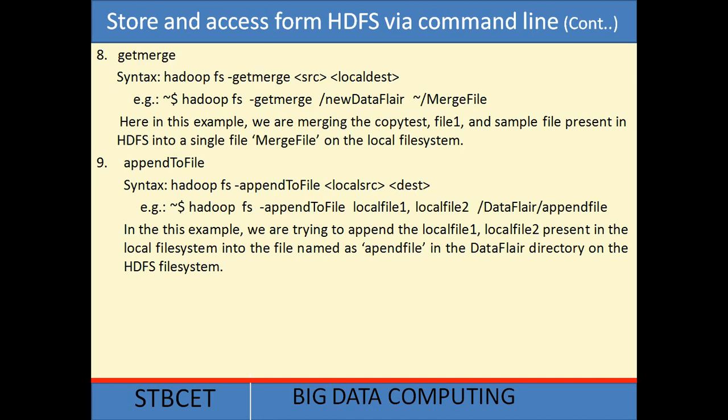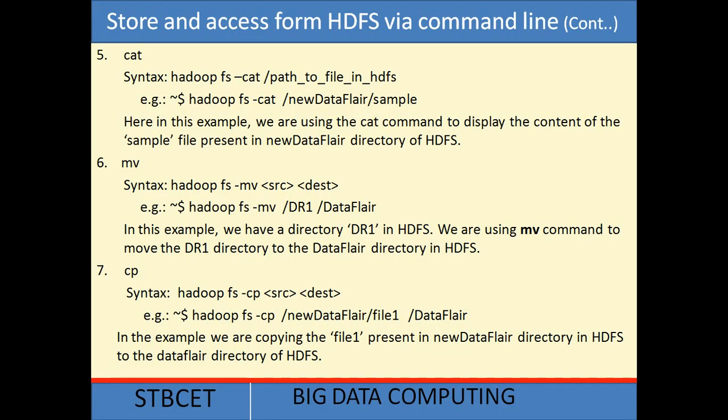cp command. Like the mv command, the cp command is used to copy a particular file from one location to another location. Both locations are in the HDFS file system, not our local file system. To copy from one location to another on the HDFS file system or on the name node, this cp command is used.